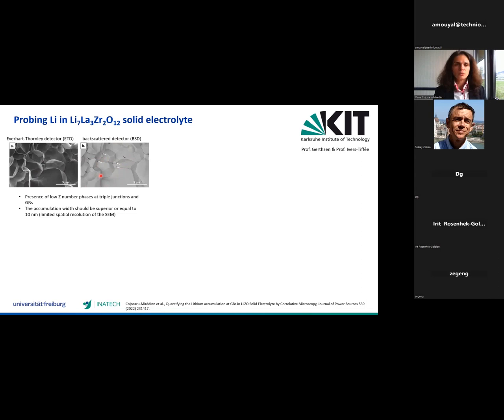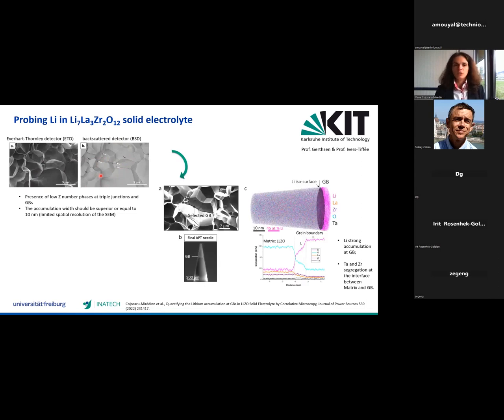So the question is, what happens there for the solid electrolytes? You need to understand that a solid electrolyte should allow a very fast diffusion of the lithium ions between the cathode and the anode, which will allow a very fast charging and discharging process. So for the solid electrolyte, it's very important to allow the lithium ions to diffuse very quickly.